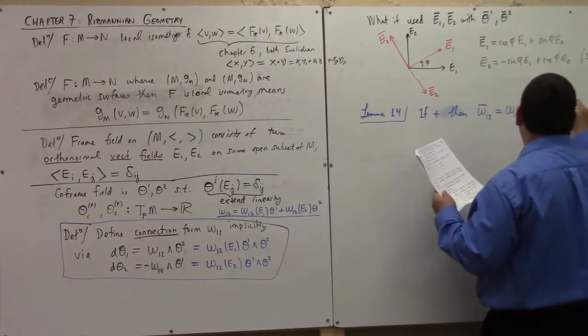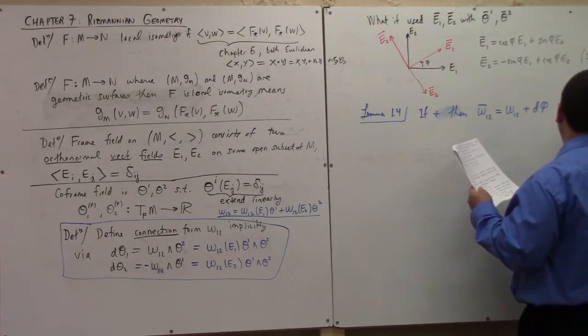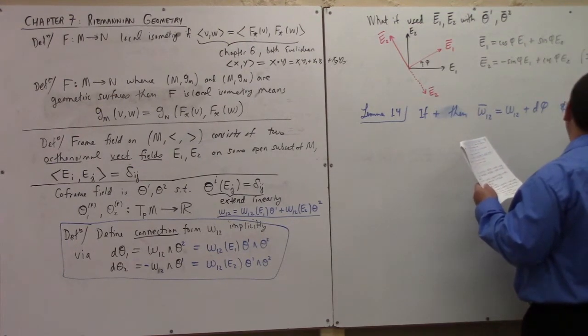And theta bar 1 wedge theta bar 2 equals theta 1 wedge theta 2.